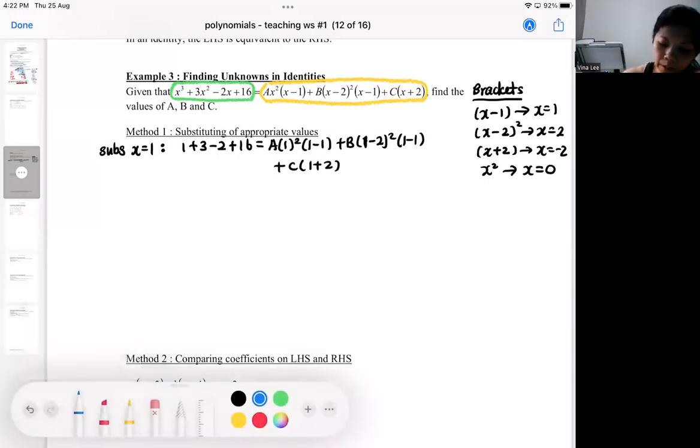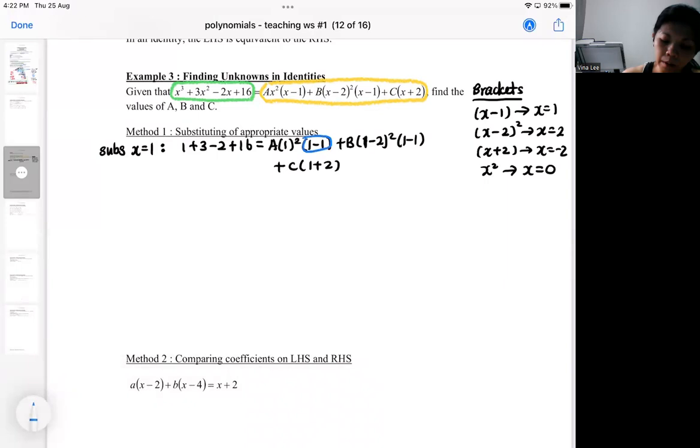So this is a 0. A 0 means this whole thing will disappear. Anything multiplied by 0 will be 0. So this is a 0 here, so this whole thing will actually disappear.